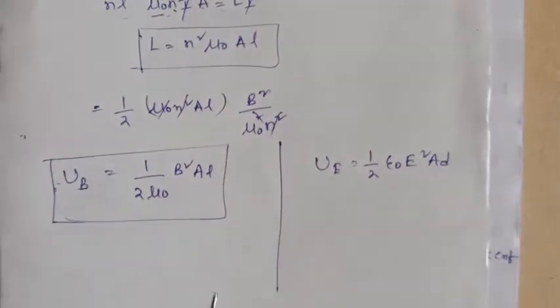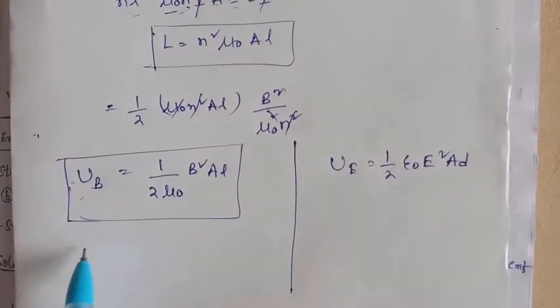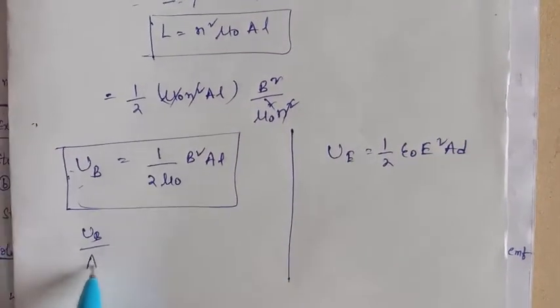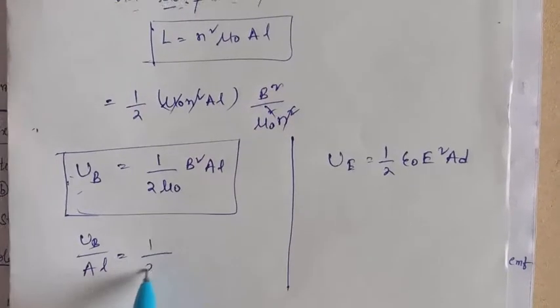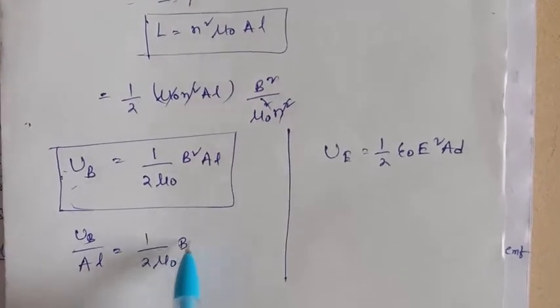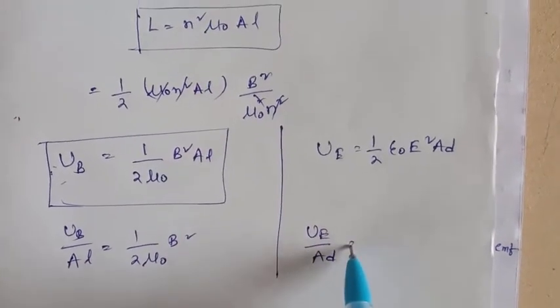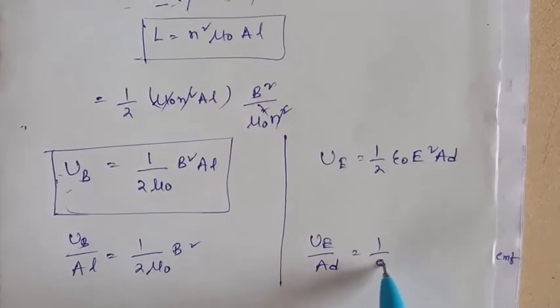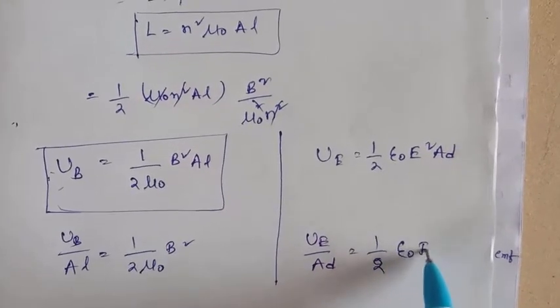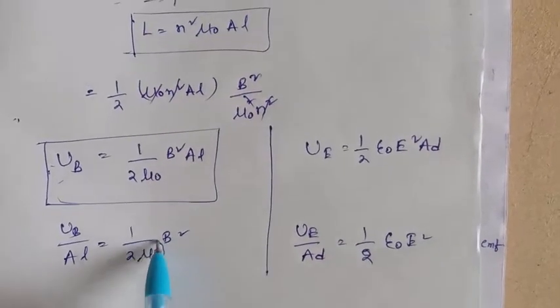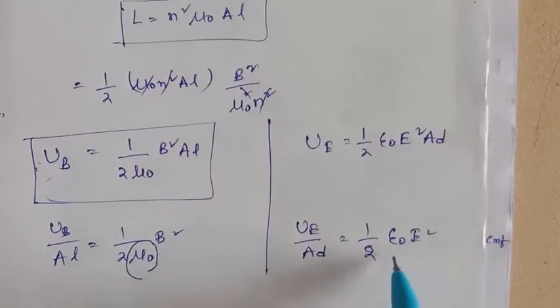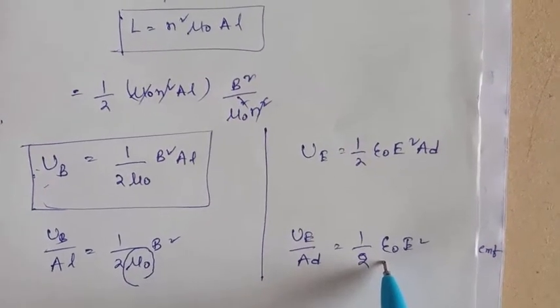Energy density means energy per unit volume, that means UB by AL, which is B square by 2 mu naught, and UE by AD, which is equal to half epsilon naught E square. Here mu naught means permeability and epsilon naught means permittivity.